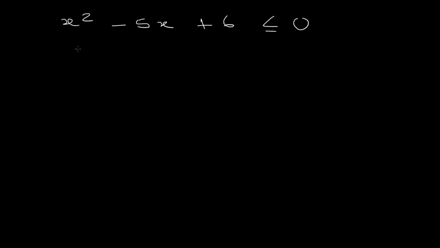So first of all, we solve it as normal. How do we solve this as normal? We looked at factorization where we get the product, the sum, and then the factors. The product here is going to be 1 times 6, which is 6. The sum is going to be minus 5.